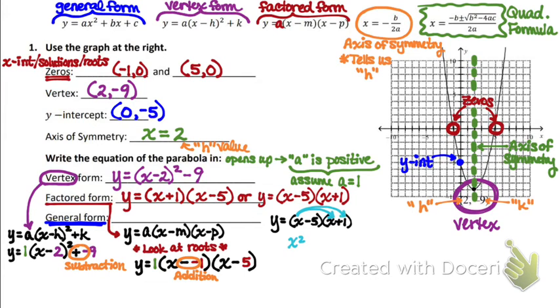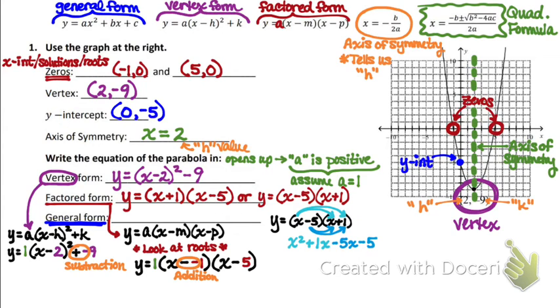What is x times 1? 1x. Then I have to take this negative 5 and distribute that as well. What is negative 5 times x? Negative 5x. And negative 5 times 1? Negative 5 or minus 5.